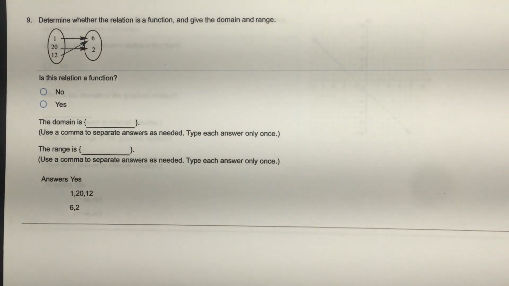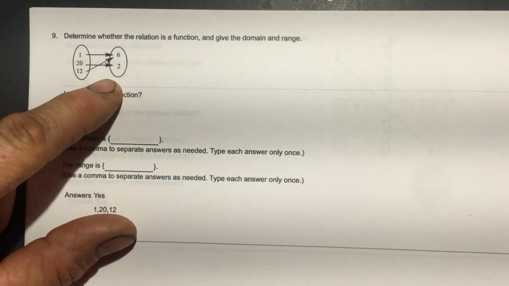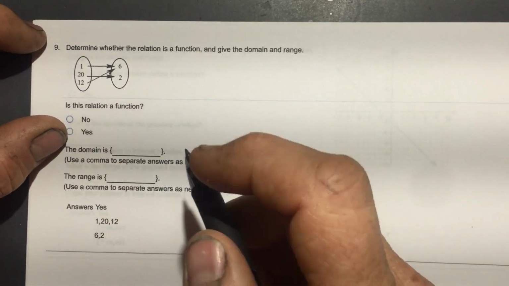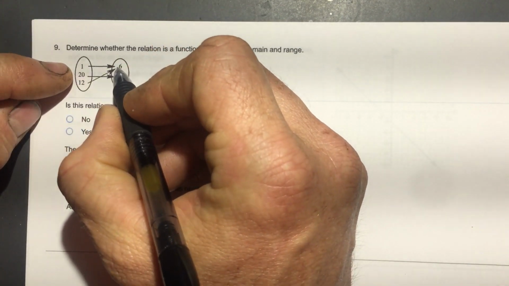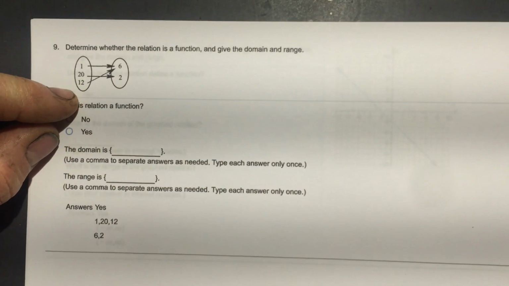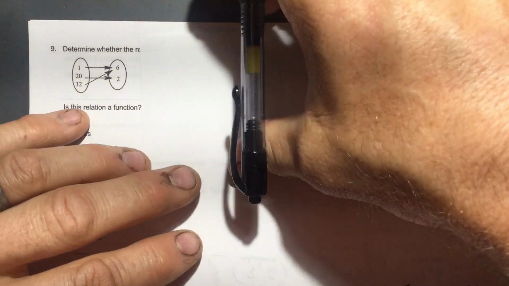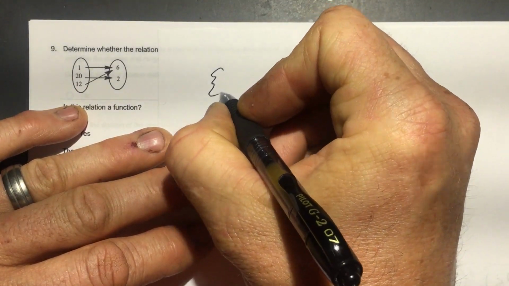Now, determine if this relation is a function. Now, this is what's called a mapping. And you see 1 is paired up with 6, 20 is paired up with 2, and 12 is paired up with 6. Now, basically what you have going on is just these ordered pairs.